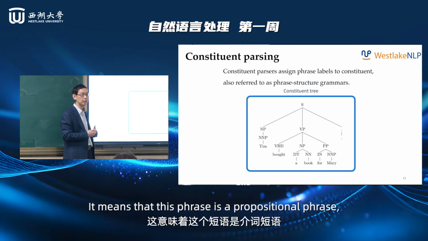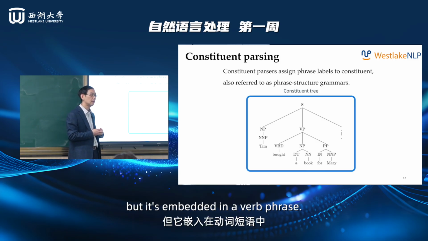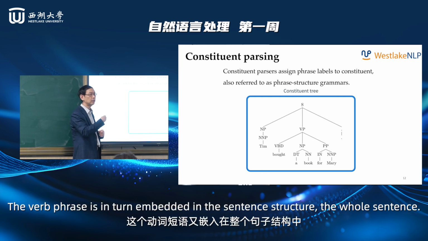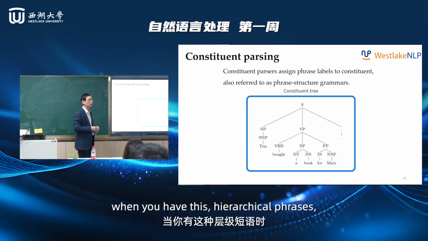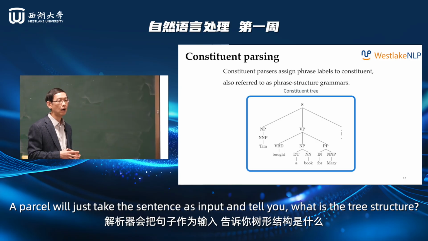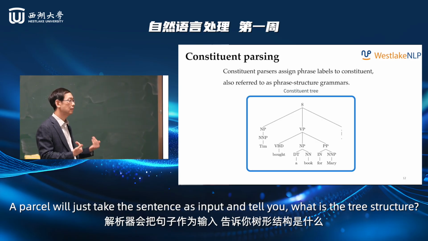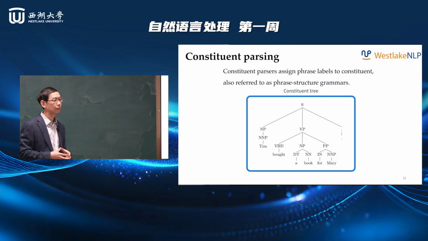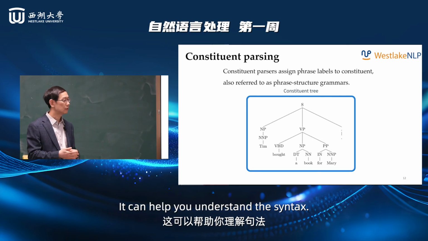It means that this phrase is a prepositional phrase, but it's embedded in a verb phrase, bought a book for Mary, all right? The verb phrase is in turn embedded in a sentence structure, the whole sentence. So when you have these hierarchical phrases, they form a tree, and it's called a constituent grammar. All right. A parser will just take the sentence as input and tell you what the tree structure is, right? It can help you understand the syntax.